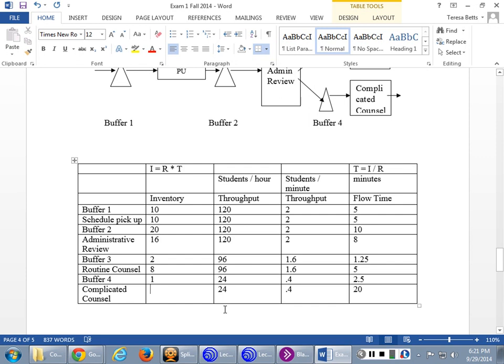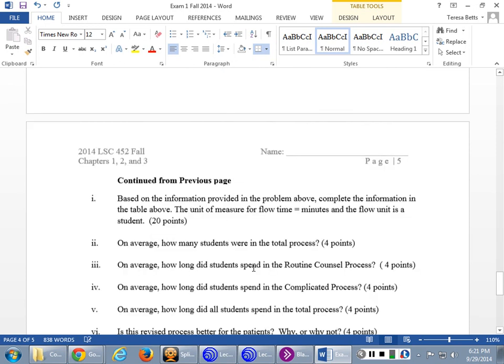And for complicated counsel, my inventory should be 0.4 times 20, which leaves me with 8. And if I sum all of these up, that's going to be 75 students, right? And my throughput of my process is 2 students per minute, so the average flow time for the whole process is going to be 37.5.